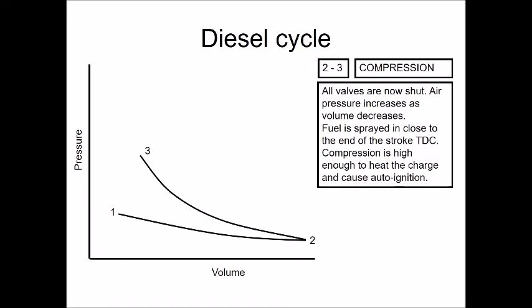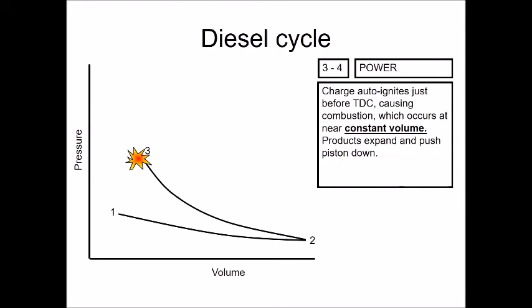Up it goes, and at point 3, we don't hit it with a spark. What happens is it auto ignites. So the conditions are correct for the combustion reaction to spontaneously start. We'd like it to start in the same place every time, so we have that little glow plug in there, that hot region inside the engine. Okay, there's the ignition, and then pretty much the rest of the cycle is almost the same.